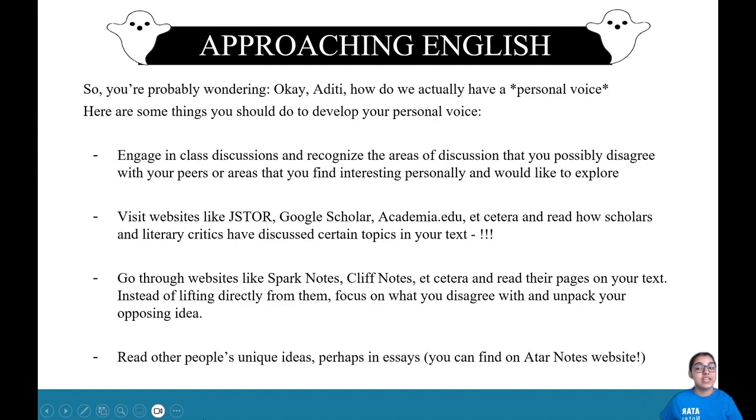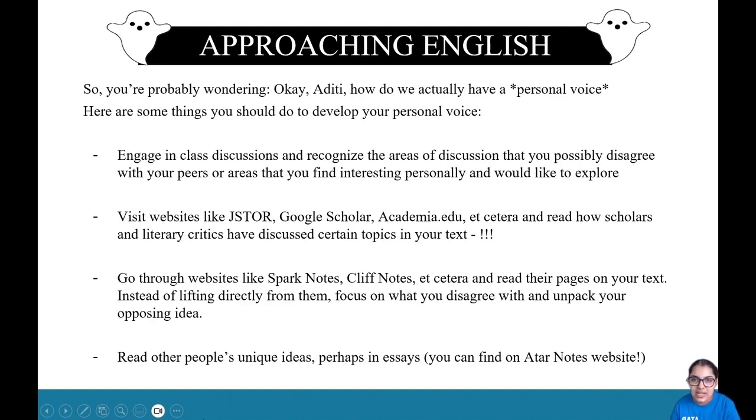So essentially, in class discussions, try and recognize areas of discussion, and think about ways in which that may adhere or not adhere to your ideas, to your opinions, right?